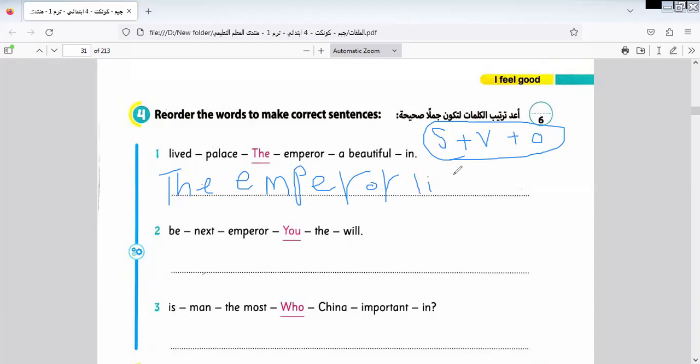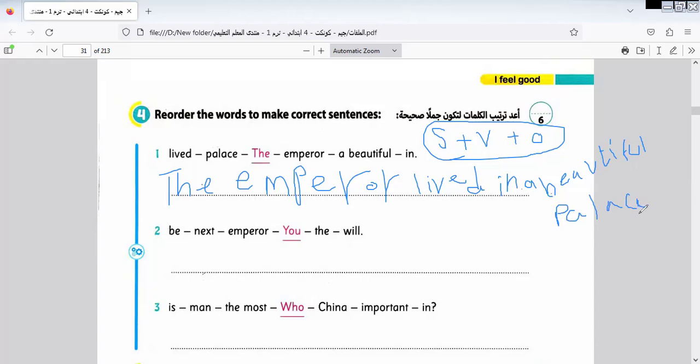Lived what? Lived in a beautiful palace. And I put a full stop at the end of the sentence.